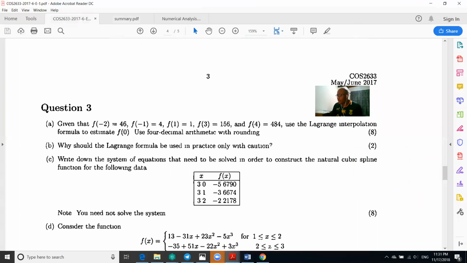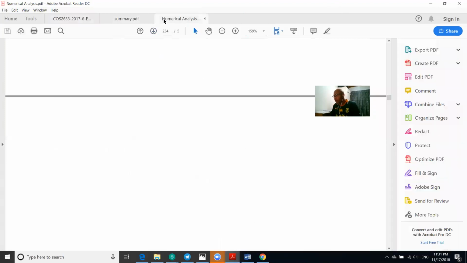What is this? Okay. Write down the system of equations needed to solve the Your voice is slowly fading. Oh, sorry, I moved the mic. Okay, fine. Okay. It's probably 3.0. Okay.